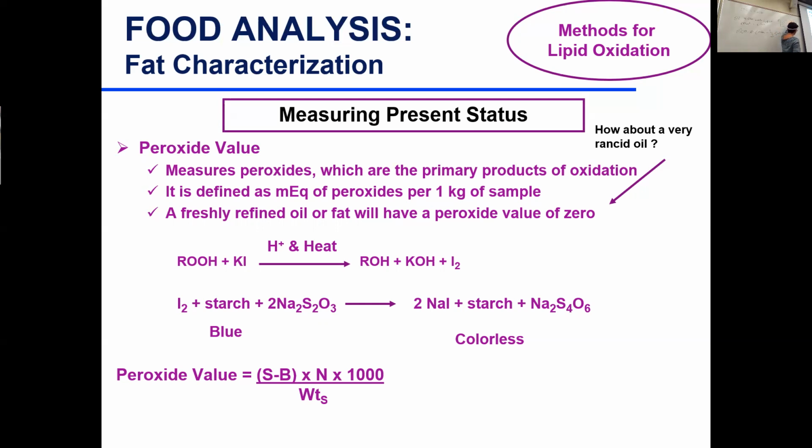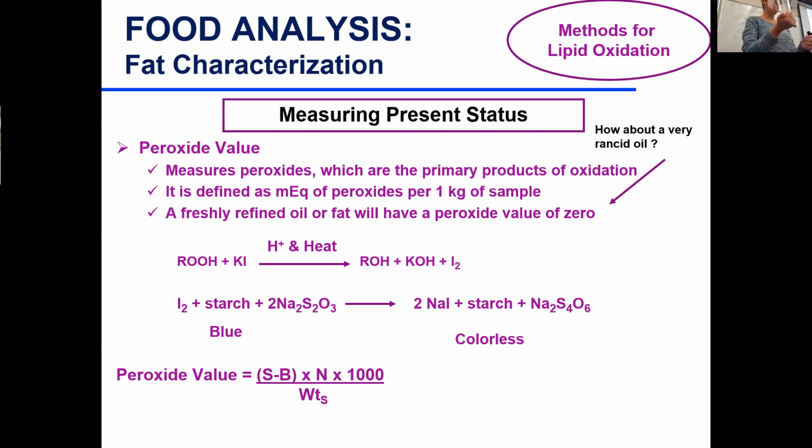On this side of the curve, the rate of formation of peroxides is lower than the rate of formation of secondary metabolites. And at one point, all of your oil is oxidized, so there's no more formation of peroxide. You only see formation or continuation of the secondary metabolites. So you might get to 0 here. A very rancid oil might have a peroxide value of 0.